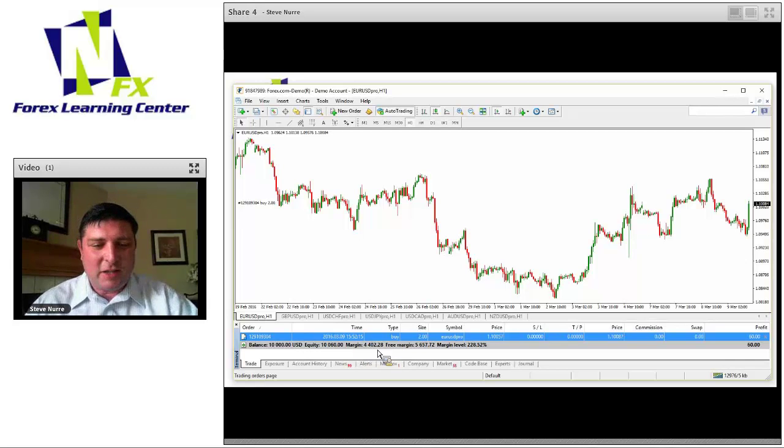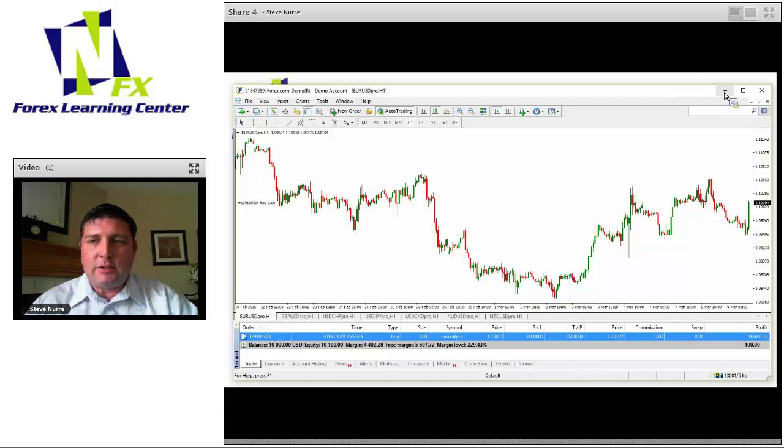In this case, when you look at this margin number right down in here of $4,400, that is what we call leverage. Instead of putting up 200 some thousand dollars to control 200,000 euros, I've only put up $4,400, but I'm still controlling 200,000 euros. I'm still holding 200,000 euros via that exchange rate.